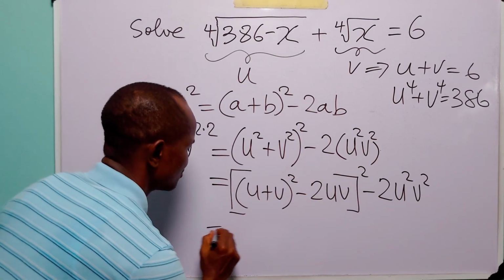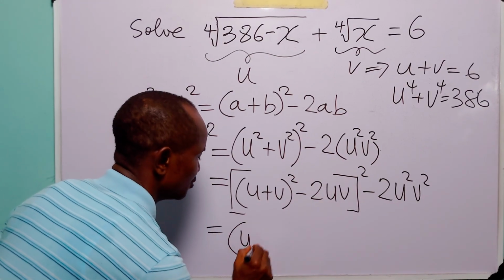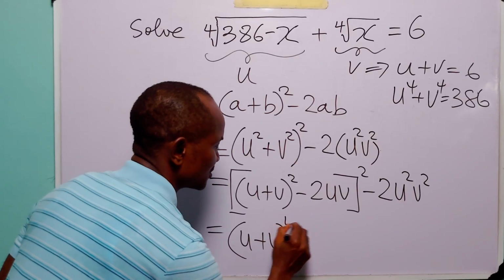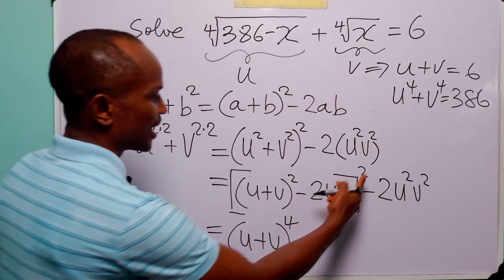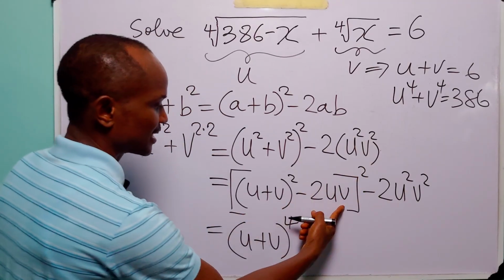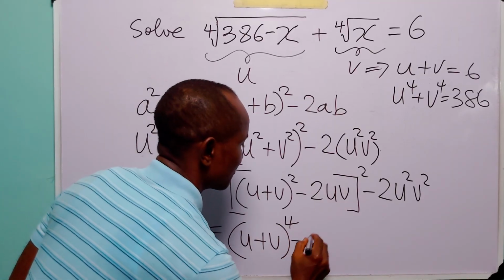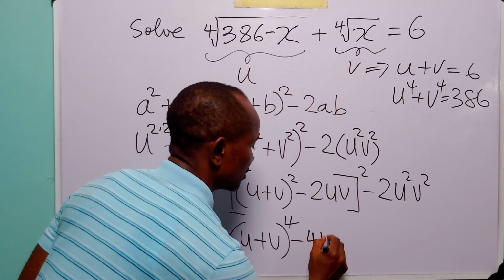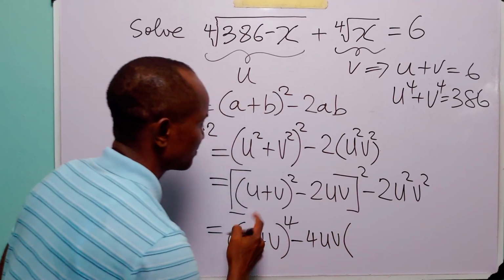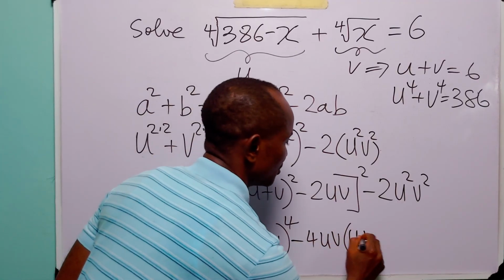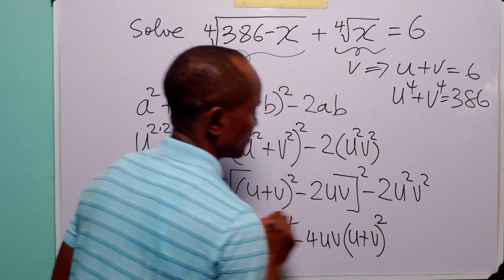So of course that is going to be equal to u plus v to the power 4. We have 2 times this. That is minus 4uv multiplied by u plus v squared.